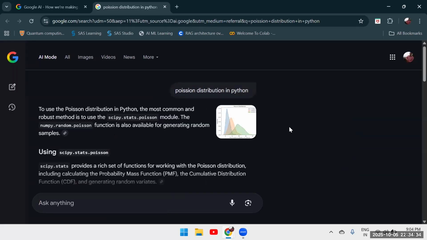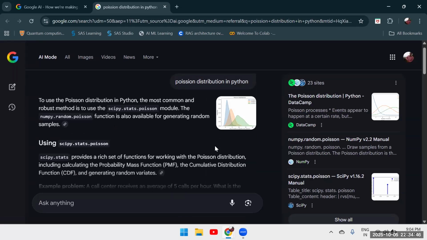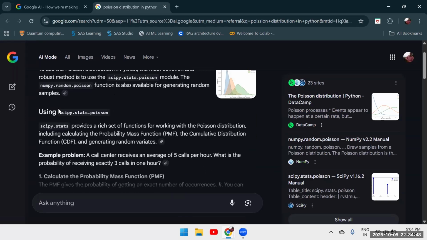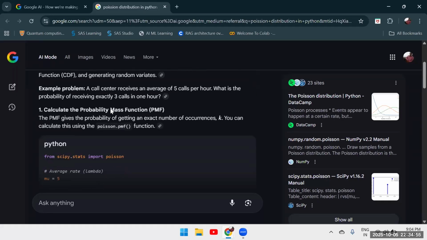It will not give you results from one site, it gives you results from multiple sites. You see, there are links, there are examples. There is a video from DataCamp available here. What they are saying is they are using scipy.stats.poisson, looking for this module. They are talking about the probability mass function, what we just discussed now.